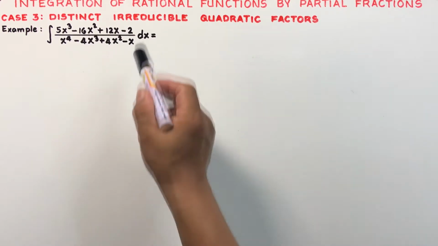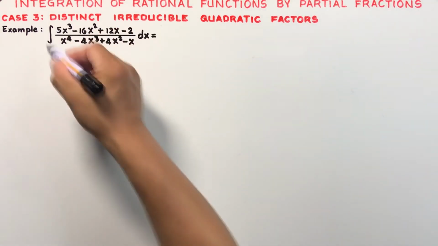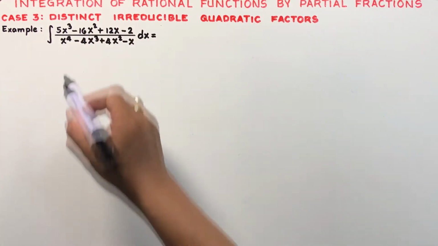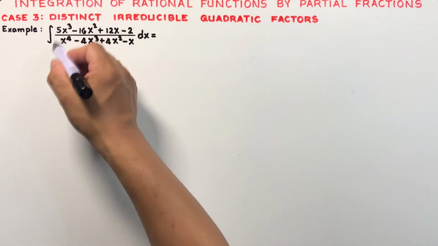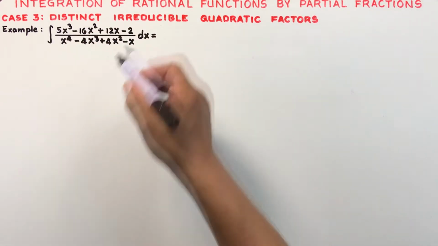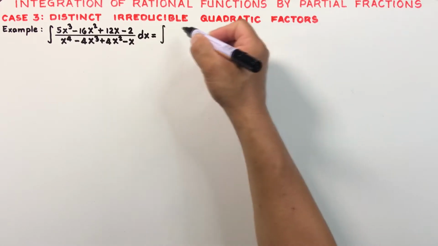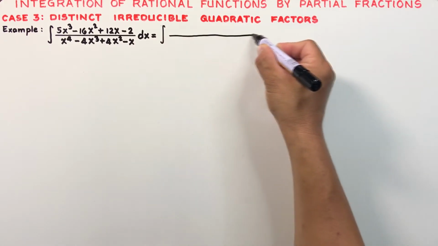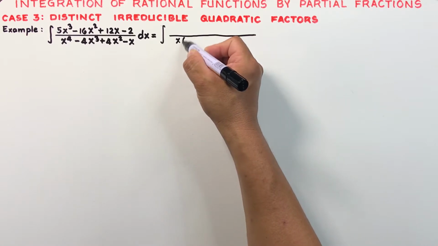In this example, let us first factor our denominator. Since the degree of the numerator is 3, which is less than the degree of the denominator, which is 4, this is a proper fraction. Therefore, we can factor our denominator, which has a common monomial factor of x.